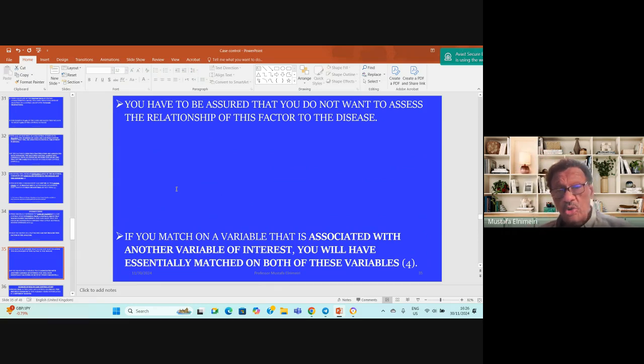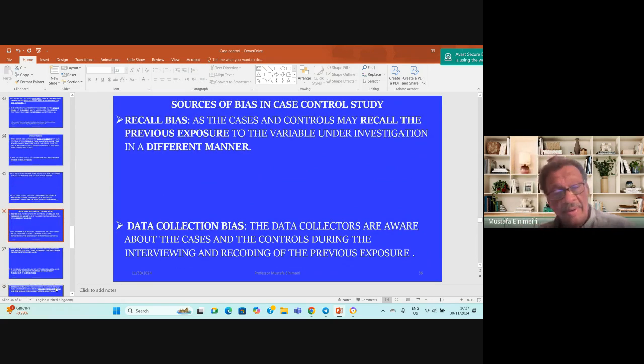You have to be assured that you don't want to assess the association of that factor to the disease. If you match on a variable that's associated with another variable of interest, then you have essentially matched on both of these variables. This is very important to consider when carrying out matching between the cases and the controls.